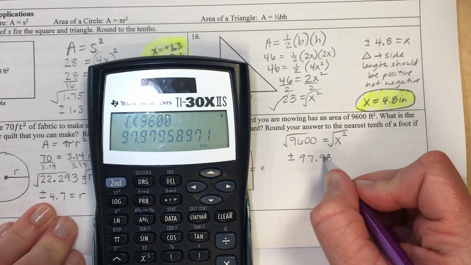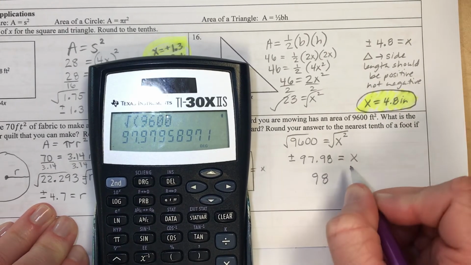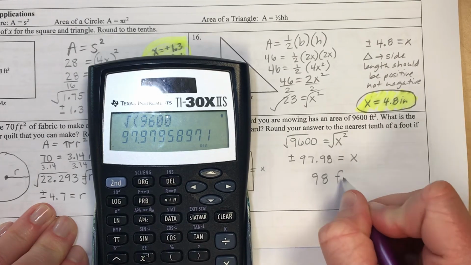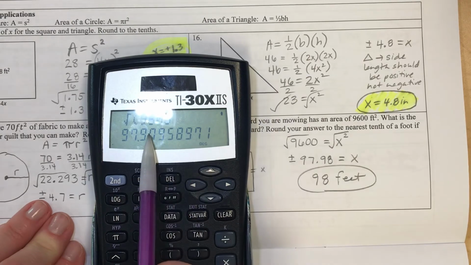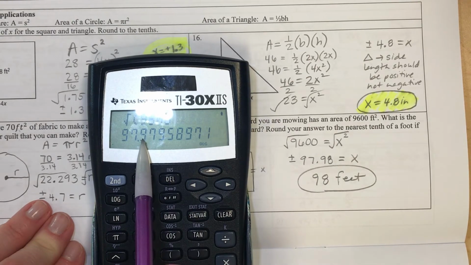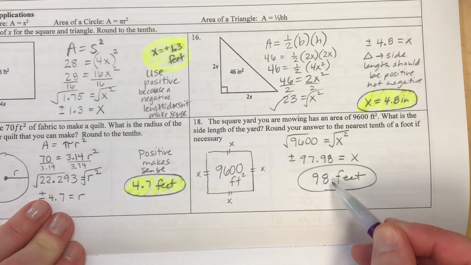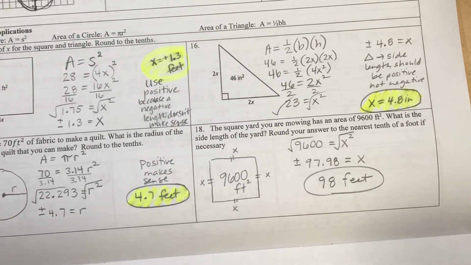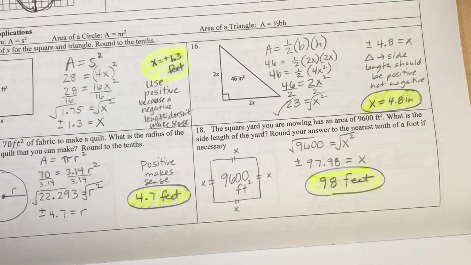Now that 8's going to round that up to a 0. And so I'm going to round it up to 98 feet. Because if it said nearest tenths, the 7 is going to round that 9 up. So nearest tenths would have to be 98.0. So 98 feet. And that's our application problems.